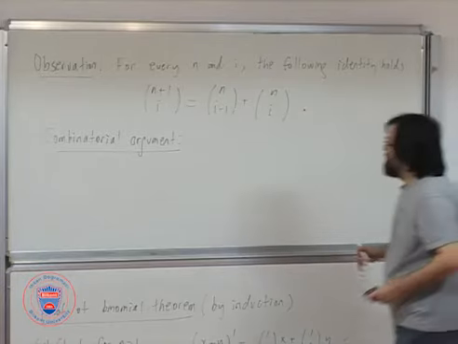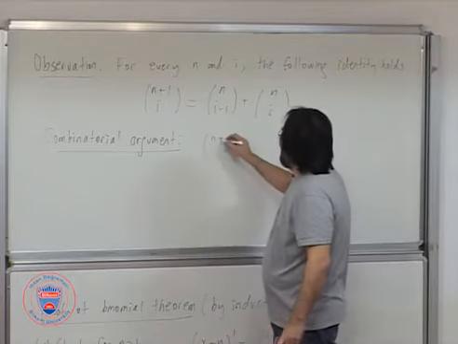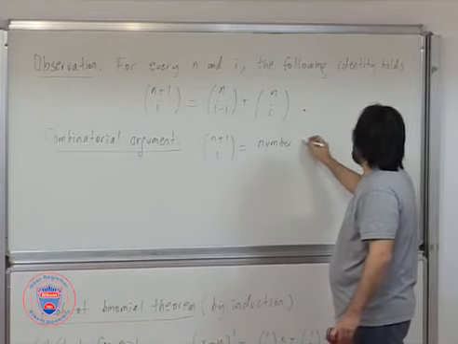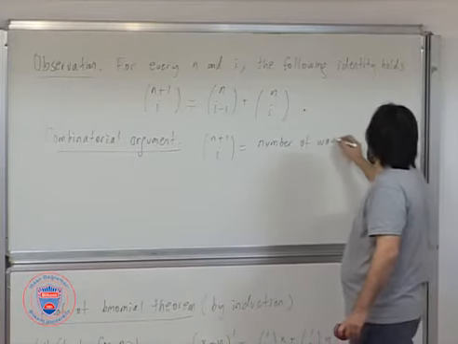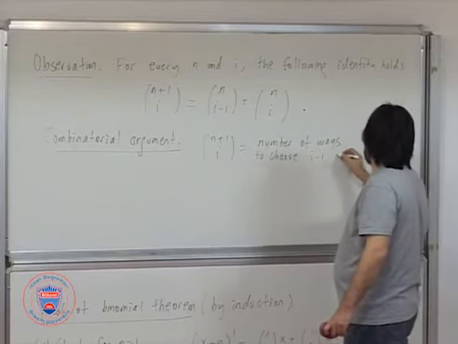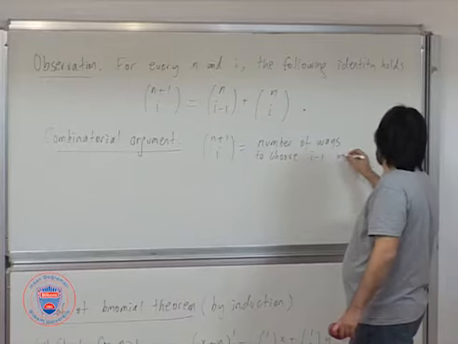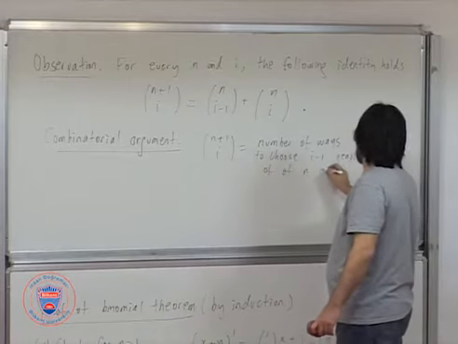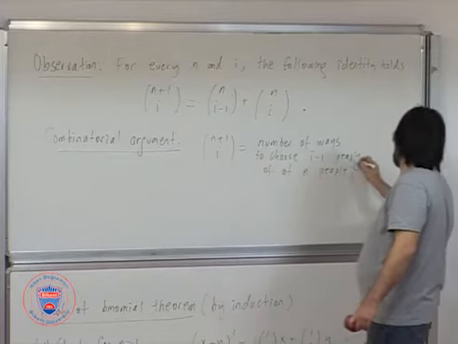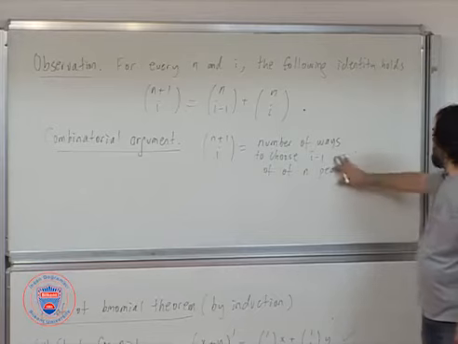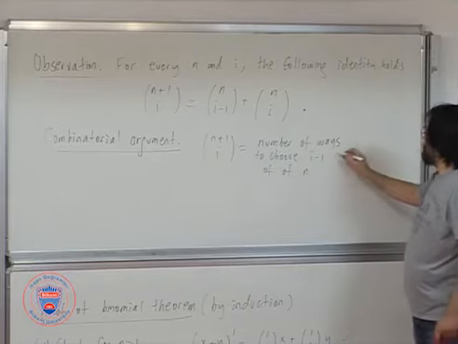So what the suggestion is, we already know this is the number of ways to choose i minus 1 people out of n people, say students.